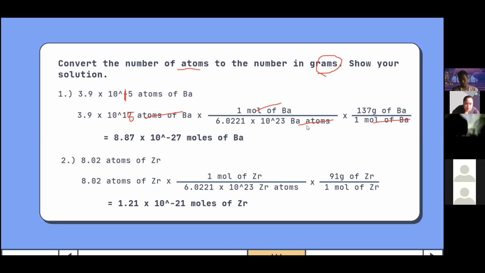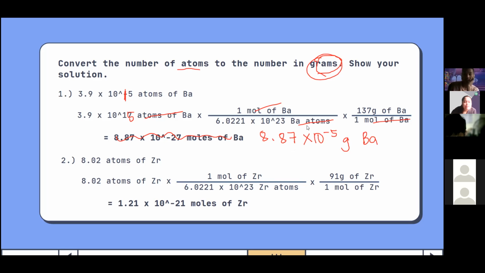This should be 8.87 times 10 raised to the power of negative 5. Take note that our unit is not in moles. Remember, we are looking here for the number of grams. So again, 8.87 times 10 raised to the power of negative 5 grams of barium.